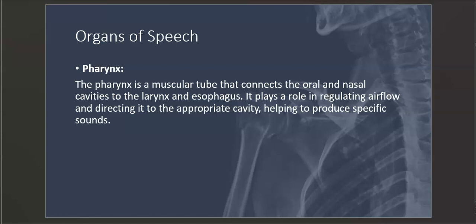If you're talking about sounds like P, B, L, it will direct the air to the oral cavity, because you're talking about P, B, L. When we talk about sounds like M, N, it will direct the airflow to the nasal cavity. So it is very important in directing where the air is supposed to go.